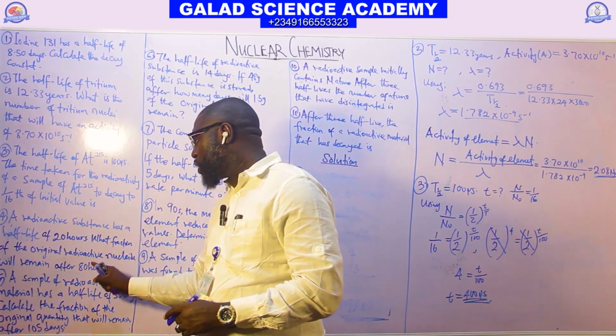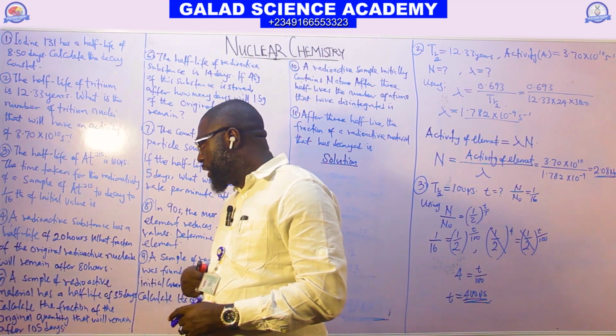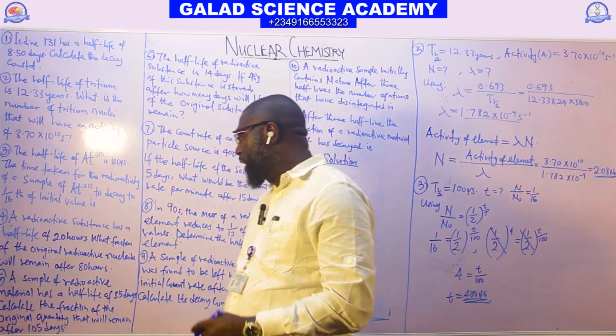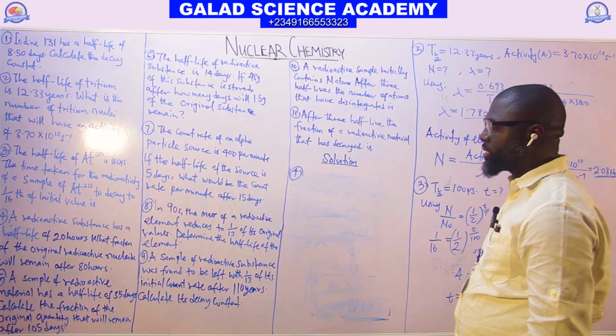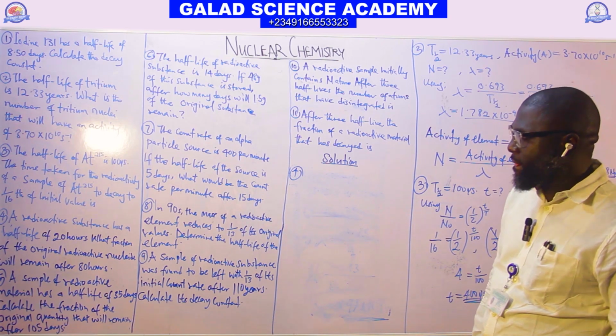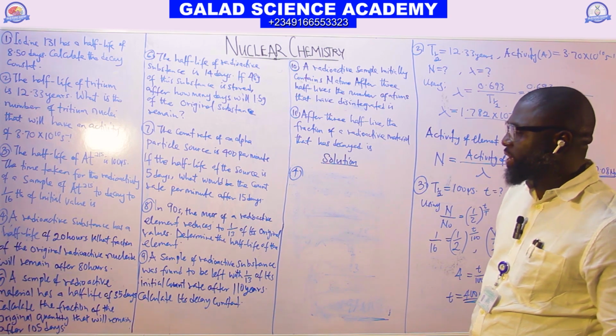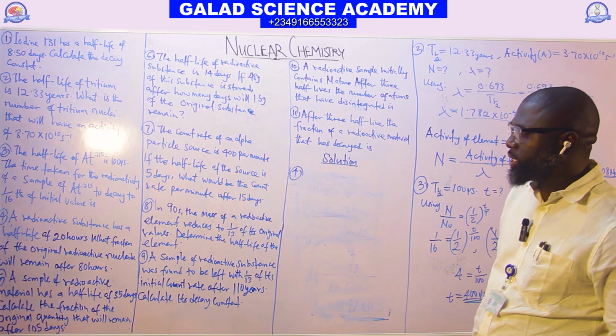What is the fraction of original radioactive nuclei that will remain after 80 hours? Half-life is 20. Small t is 80.